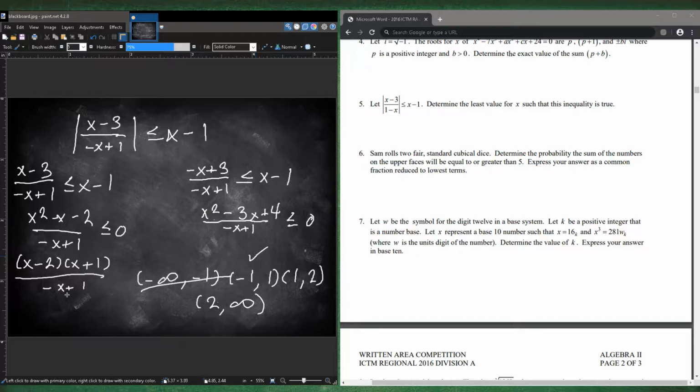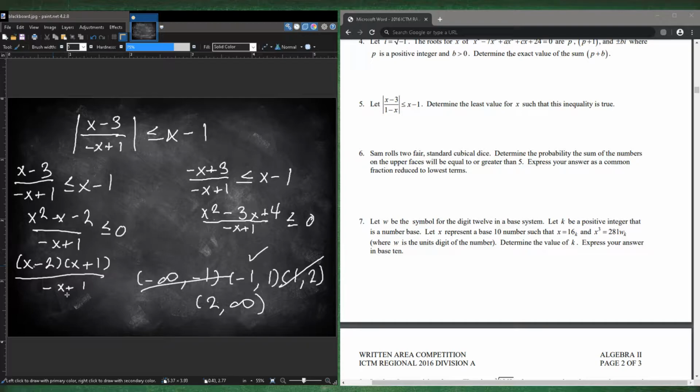So this definitely works. Now, between 1 and 2, let's use 1.5. So 1.5 minus 2 is a negative, and 1.5 plus 1 is a positive. So we have a negative on top and a negative on the bottom, and negative divided by negative is positive. So this doesn't work.